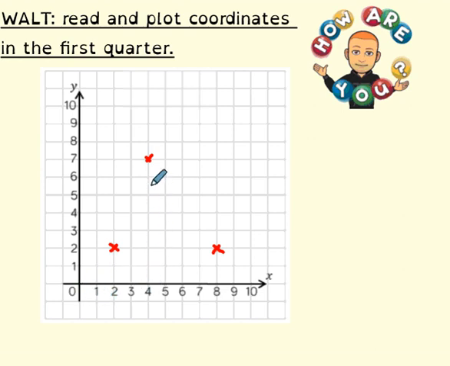So where the two values meet would give me my coordinates of 4, 7, written in brackets, of course. My second one, along and up, would give me the coordinates 8, 2. And finally, 2, 2.